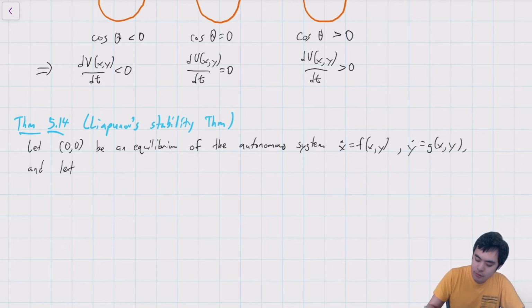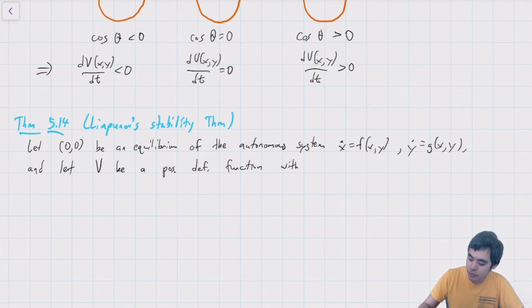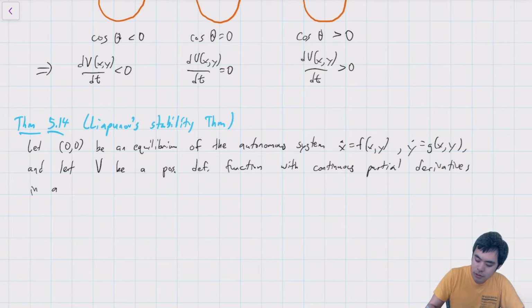And let V be a positive definite function with continuous partial derivatives in a neighborhood U of the origin.